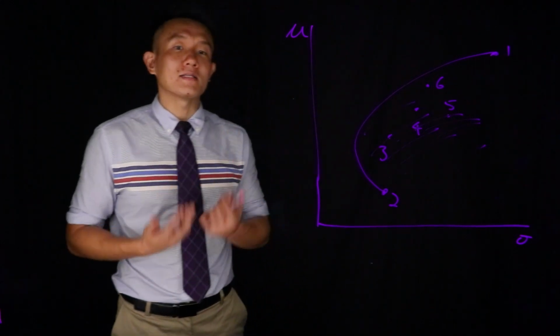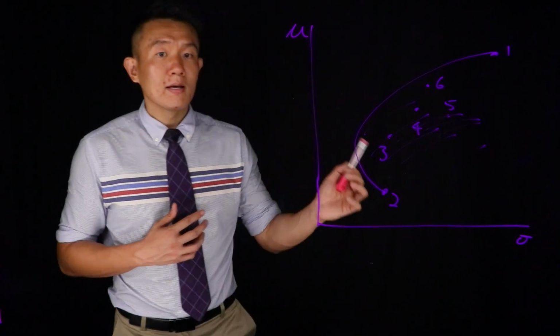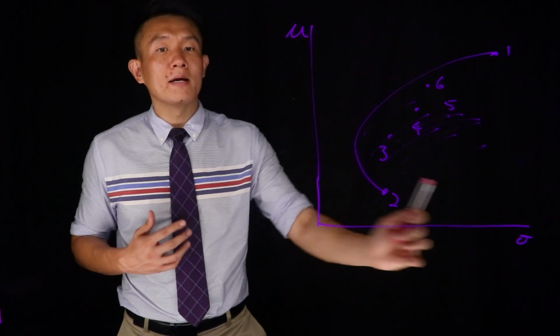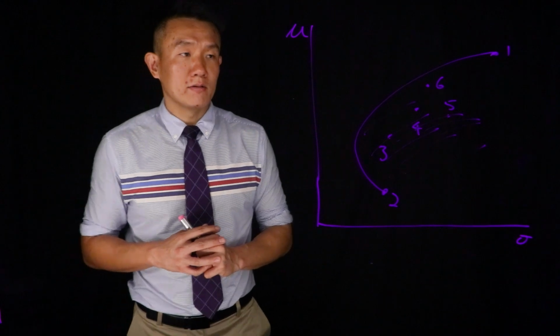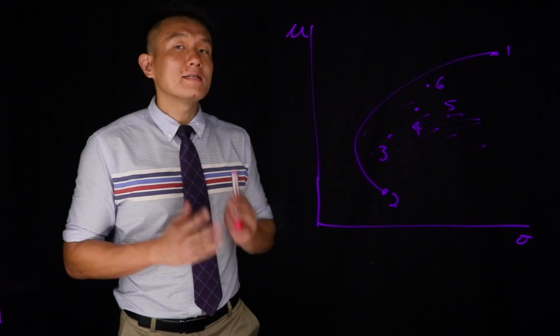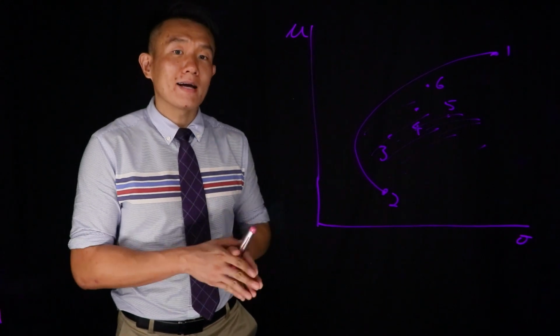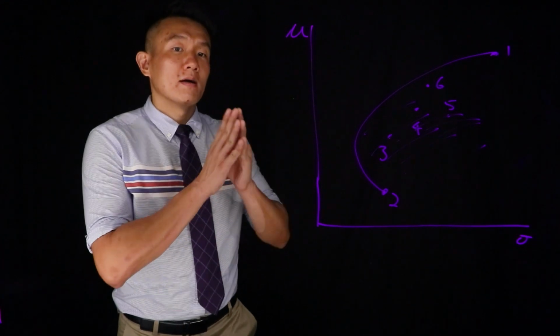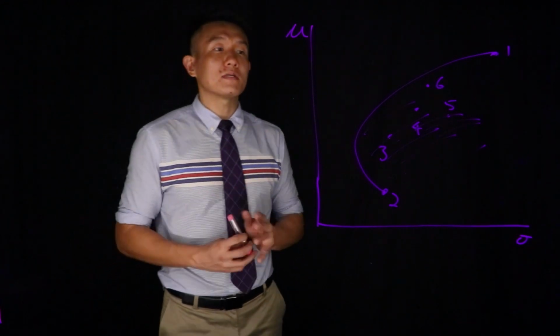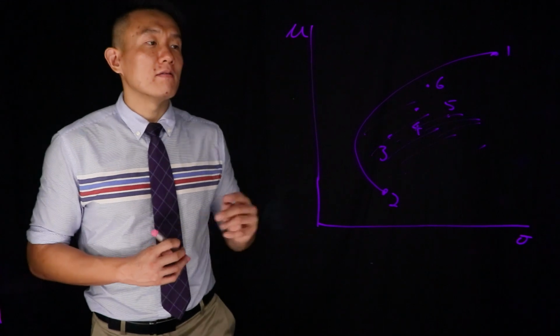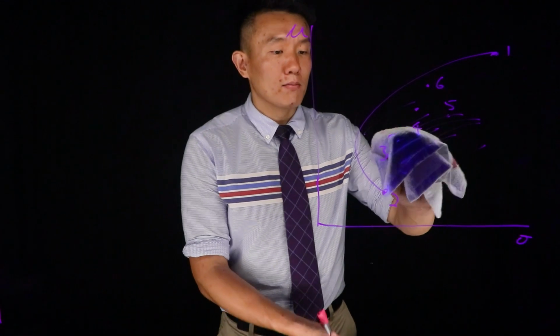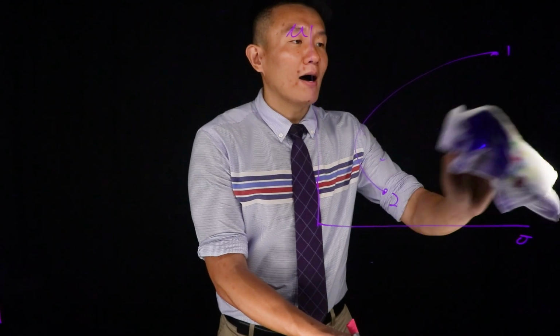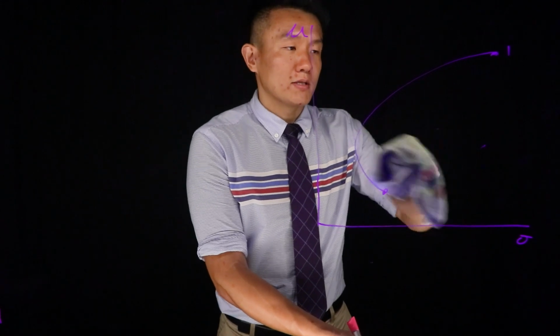So what does it mean I can't improve upon it? I said that I want a higher mean and a lower standard deviation. However, I did not specify the exact trade-off yet between return and risk. All I'm saying is I don't want to invest in anything where I could improve upon it and get both a higher mean and a lower standard deviation.